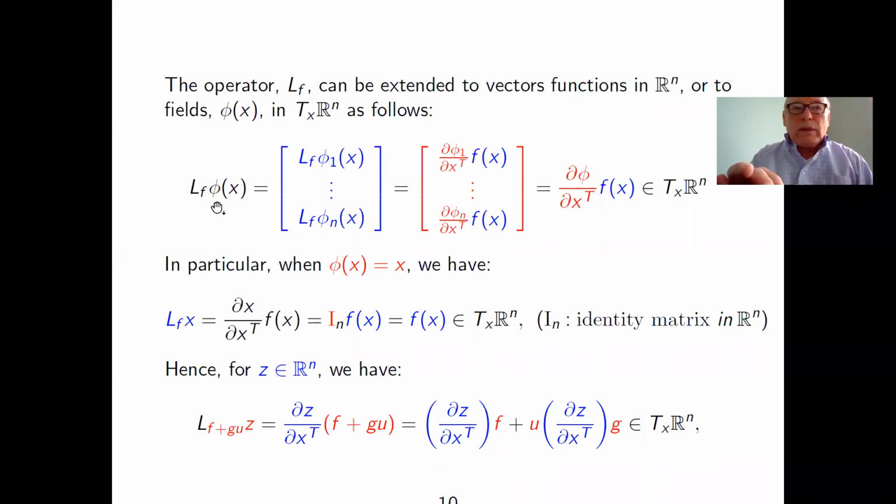And what it comes out to be is simply the distribution of the directional derivative operator along the components of the vector function phi. So each one of the components of this new vector will be a directional derivative in the direction of f of the particular component of the vector function phi. In this manner, we can extend the definition of directional derivative to vectors. And as an operator, you see that this extension takes vectors into vectors.